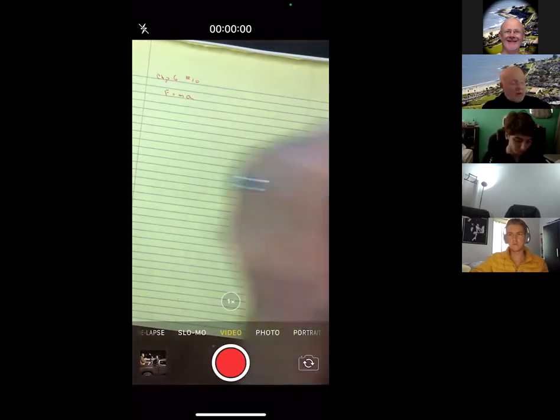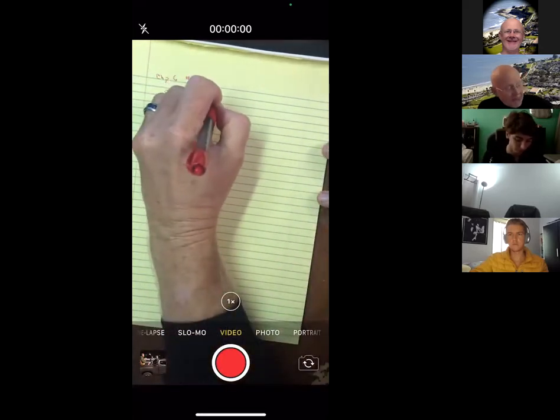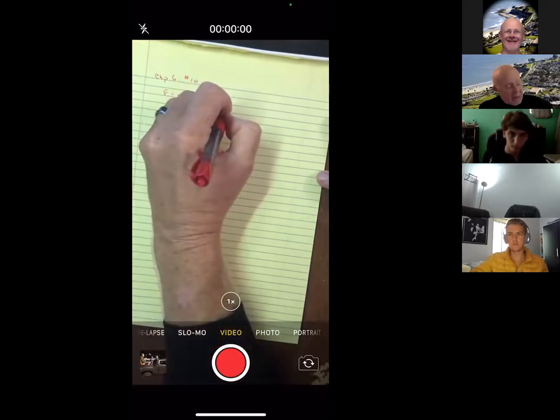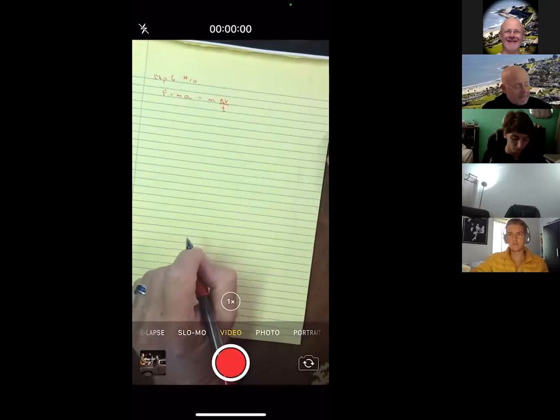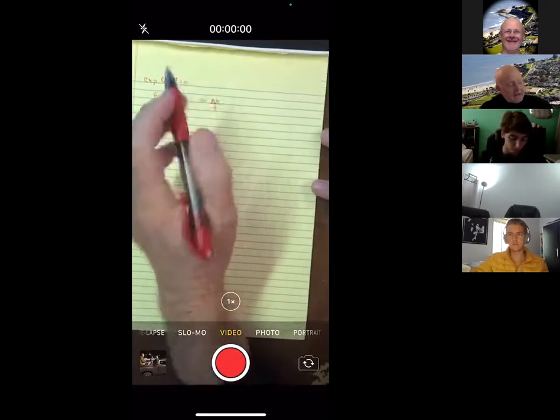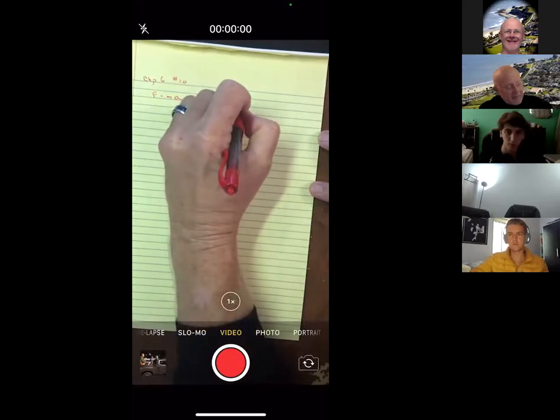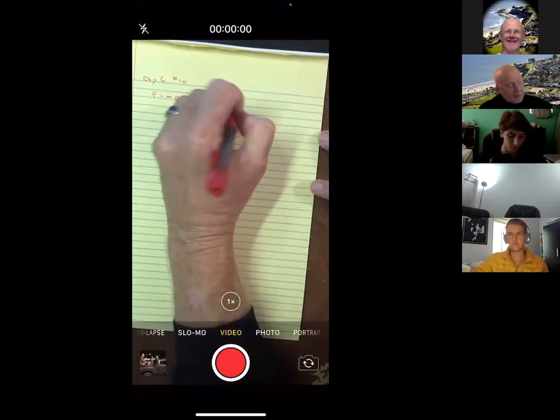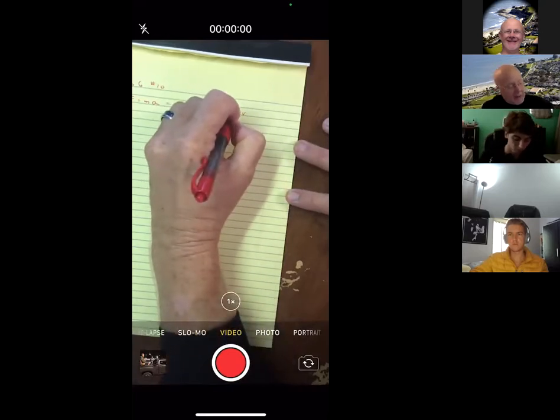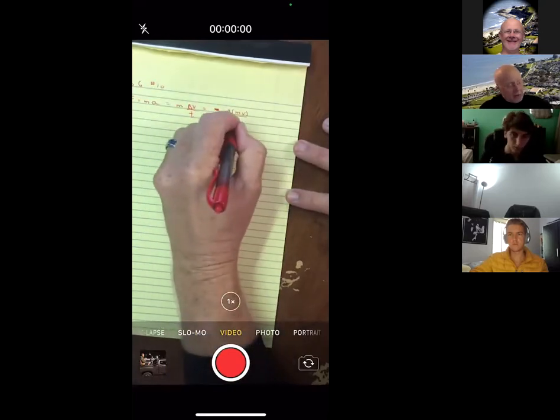But there is another way of looking at that. Acceleration is change in velocity over time. And mass and velocity, if I put them together, would be called momentum.